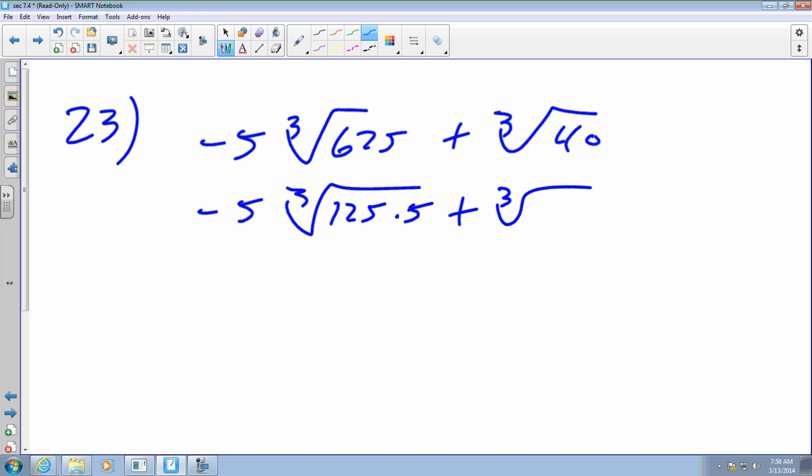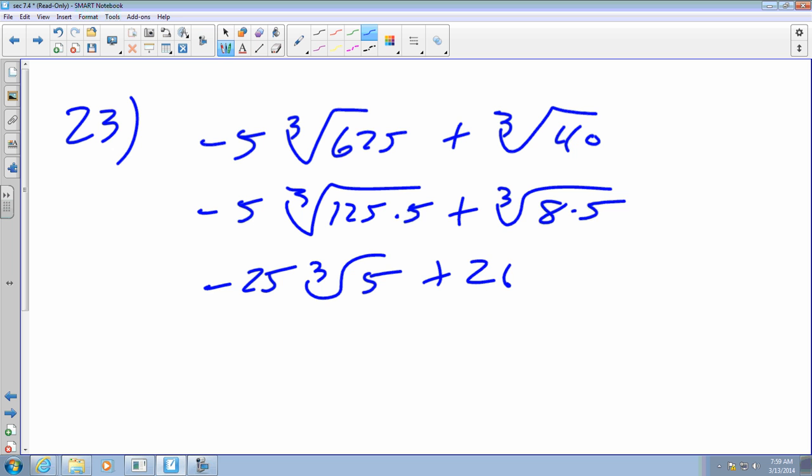I also recognize 40 as 8 times 5, so when I bring out 125, the cube root of 125 is 5. 25 times negative 5 gives me negative 25 cube roots of 5. Over here, the 8 comes out as a 2 cube roots of 5. Negative 25 plus 2 gives me negative 23 cube roots of 5.